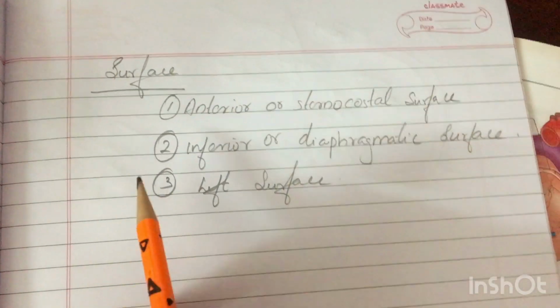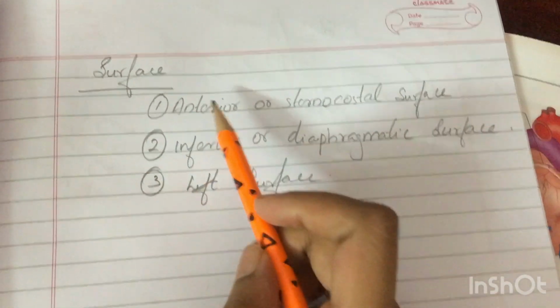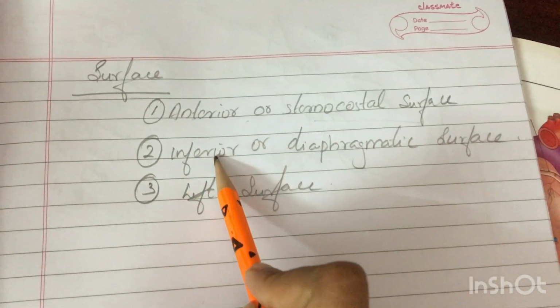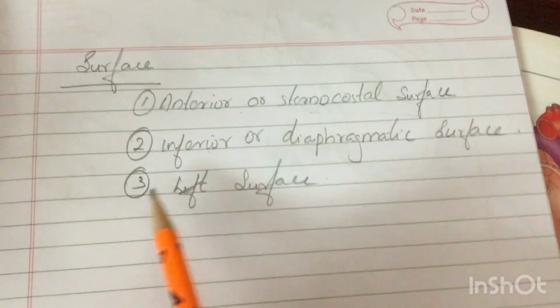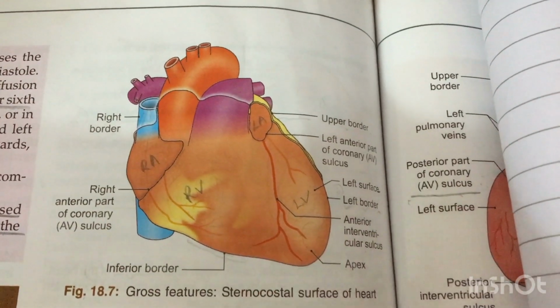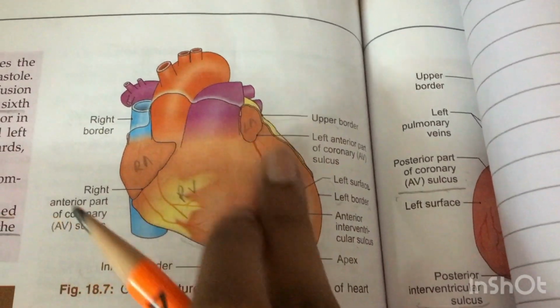So next, about the surfaces of the heart. There are three surfaces. First, the anterior or sternocostal surface; second, the inferior or diaphragmatic surface; third, the left surface. This is the anterior or sternocostal surface.